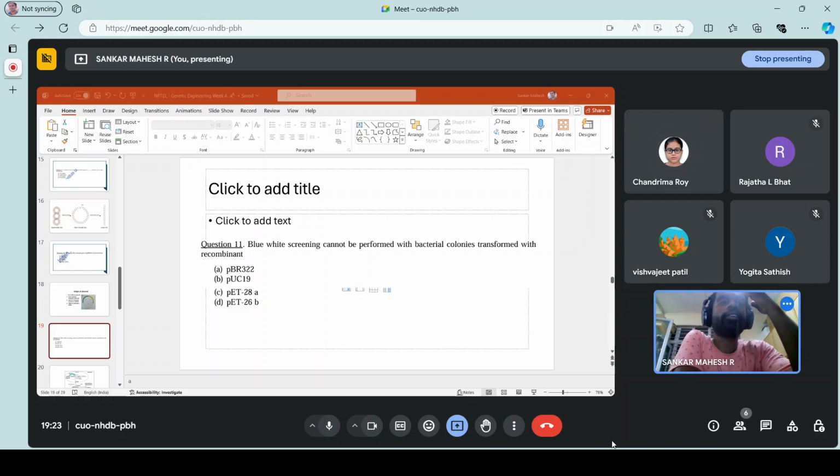I didn't clearly get your answer. So every plasmid has a selection marker. For example, in the previous case we saw pBR322, which has both ampicillin and tetracycline. After introducing this DNA into the cells, if we grow them on a tetracycline plate or an ampicillin plate, we will know that the cell has taken up the foreign DNA, right? So why would we need blue-white screening?